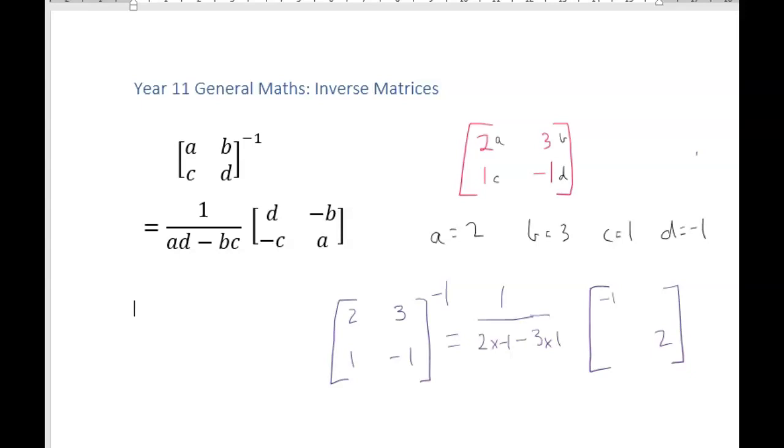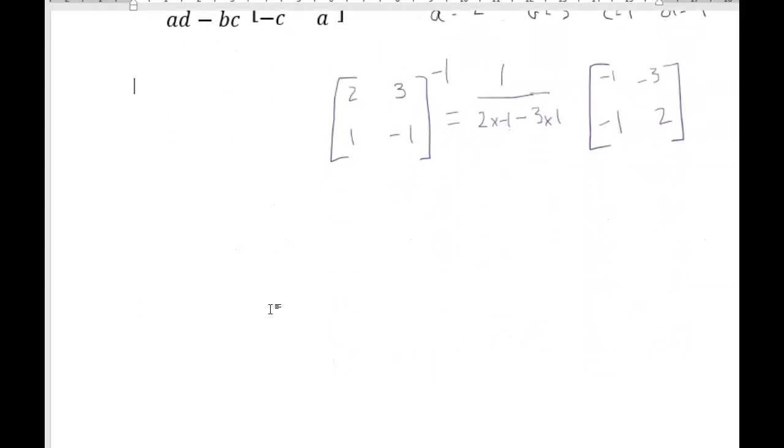But if they were negative, they become positive. So in this question, they're both positive. So B becomes -3 and C becomes -1. Okay, so -C, -B.